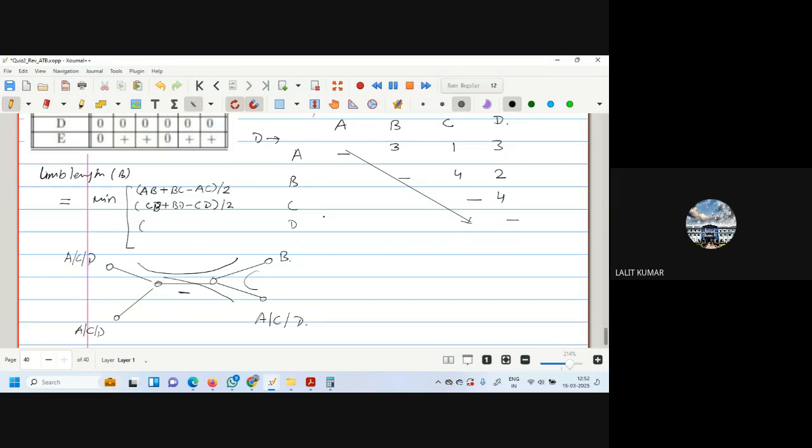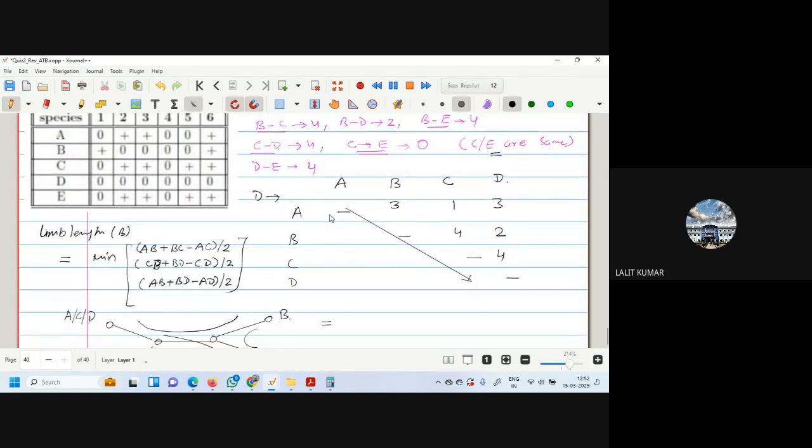And now I take A and D combinations, so it will become AB plus BD minus AD divided by 2. Is this clear, this concept, Lakshman? Yes. Okay. So now you start fitting this from your distance matrix.